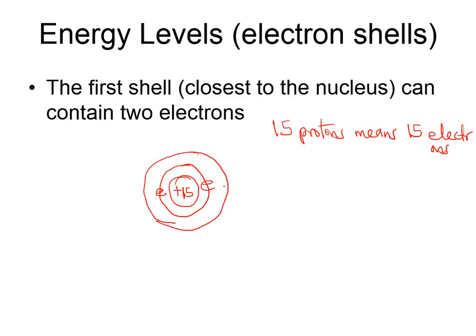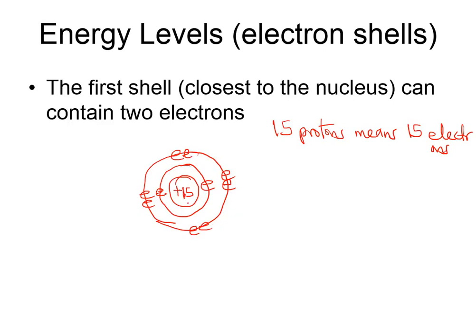The second shell has a maximum of 8 electrons. It may have less, but not more than 8. So here I have used 10 electrons: 1, 2, 3, 4, 5, 6, 7, 8, 9, 10.